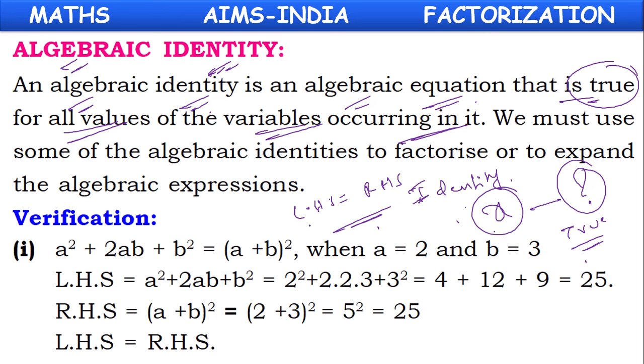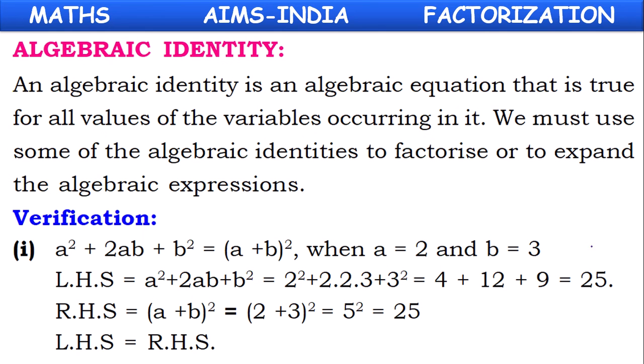If you keep any value in the place of x, and LHS equals RHS, it always becomes true, then it is considered an identity, and you can use it as a formula for solving other problems.